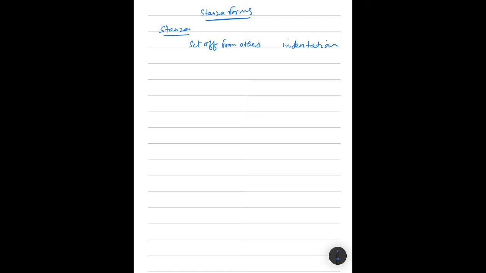Each new stanza deals with a fresh turn of thought. We have various types of stanza forms, which are differentiated by number of lines in them, the number of feet in each line, or by their metrical pattern.